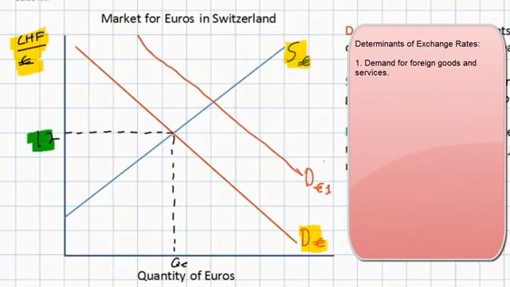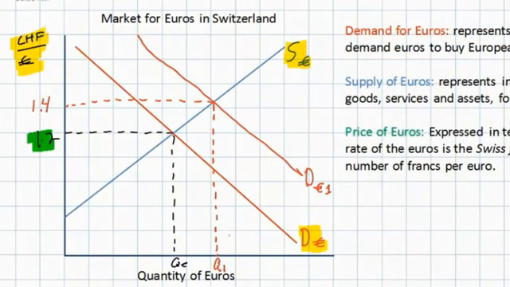So the demand for euros would increase, and therefore the exchange rate of the euro would increase to perhaps 1.4 francs per euro. Now, as we can see, as the exchange rate rises, the quantity supplied of euros increases. The rationale for this is that at higher exchange rates, European households would be willing to supply a greater quantity of their currency to Swiss households.